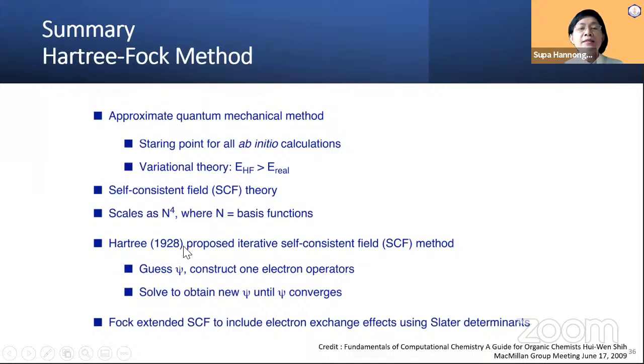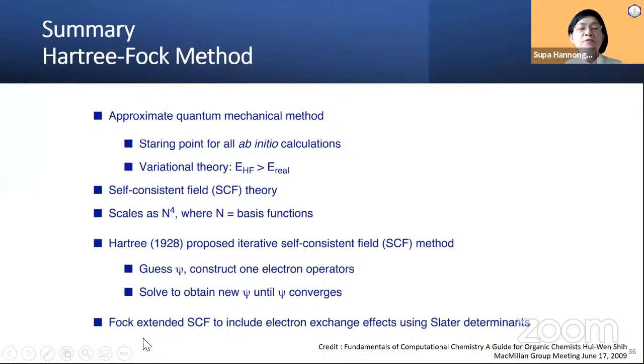And Hartree proposed the iterative self-consistent field method. The very important step is that we guess the wave function just to construct the one electron operators, and later on solve to obtain the new wave function, and make this cycle predict the coefficients and the eigenvalues until we obtain the wave function that converges and reaches the criteria we would like to have.